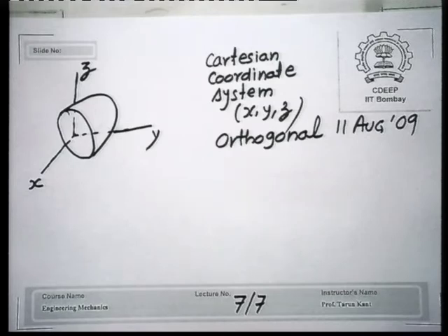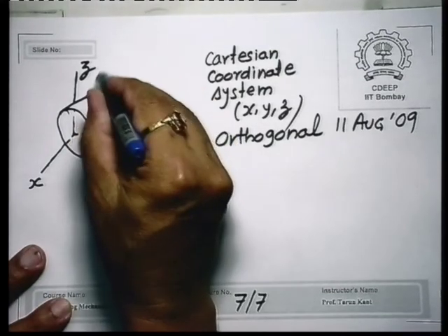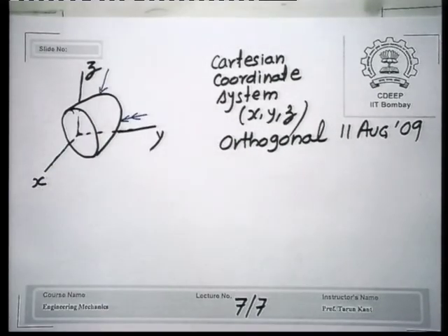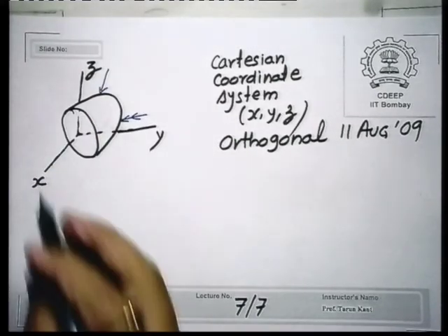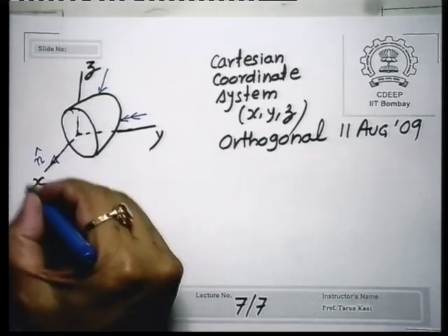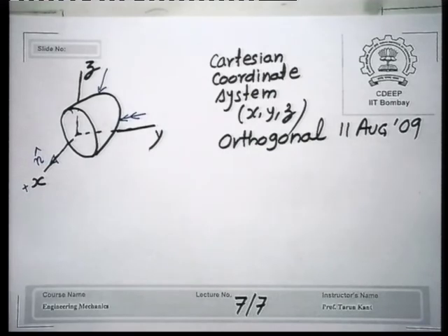Now the first case, I have my body, the same body. I have cut it by a plane in such a way that the outward normal is in the positive x direction. So that means it is a positive x plane.